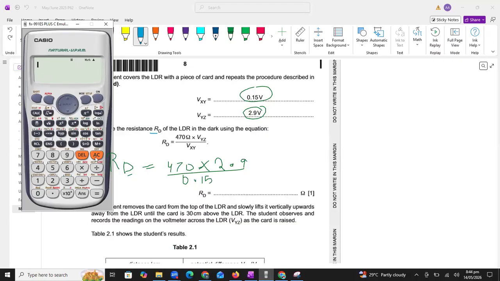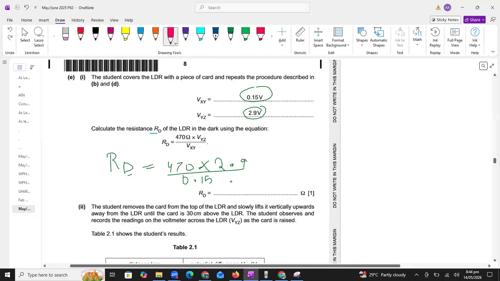So 470 multiplied by 2.9 divided by 0.15. What answer are we getting, students? We are getting 9086.6. All right, let me write here, the resistance is 9086.6 ohm.